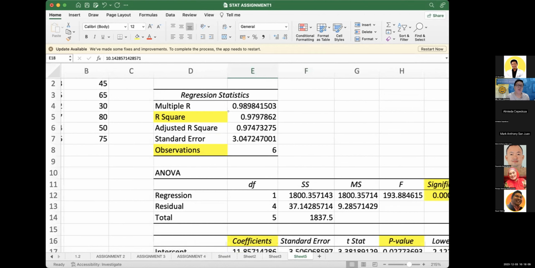In regression, what do you look at? R square. Second is the observation. The third is the significance level of your ANOVA. The fourth is the coefficient of the X. And then the p-value of the X.